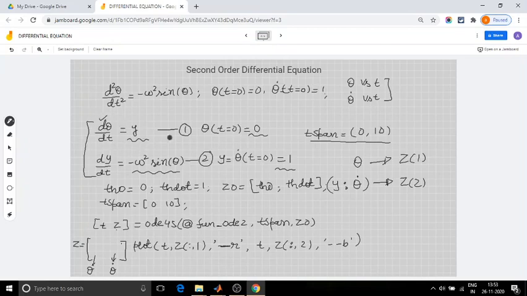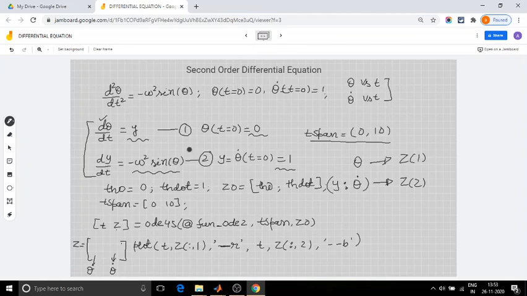The moment you assume this, you will get one differential equation, and to solve this differential equation, you need to know the value of theta at the given initial time t, which is already given to you. Now if you put this value into this equation, you will find dy over dt is equal to minus omega square sine theta. This is your second differential equation.